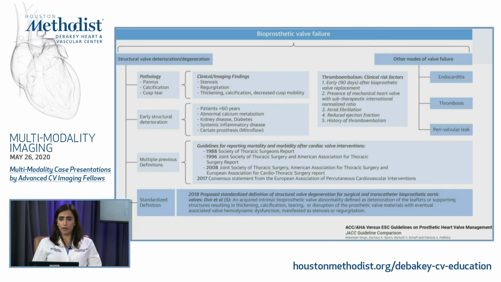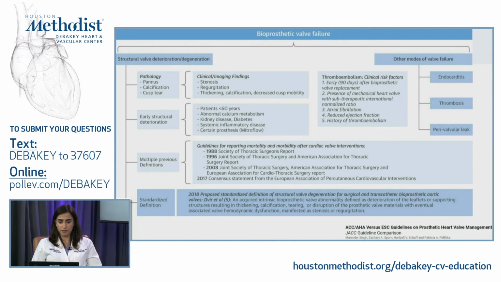So when we talk about prosthetic valve dysfunction, this is a nice paper put forth by Dr. Pellikka and her colleagues, a statement paper by the ACC/AHA.